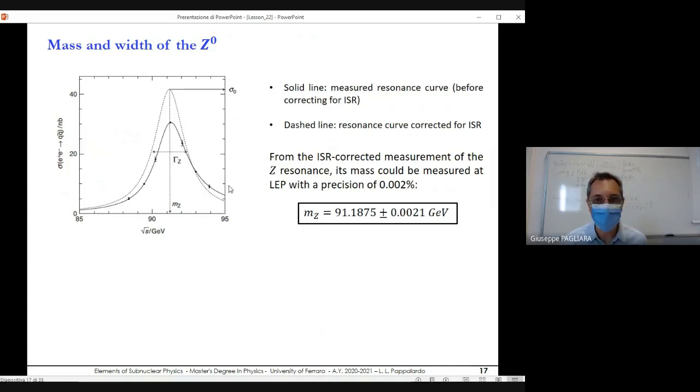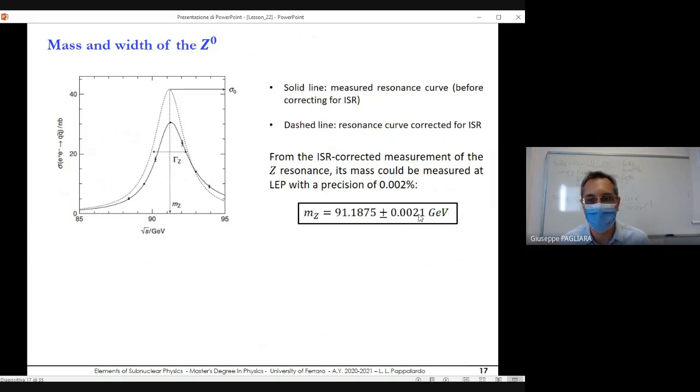Once you unfold your results, you get to the proper resonance shape, then you can use this to derive the mass of the Z and also the decay width of the Z as the full width at half maximum. So in particular, from these measurements, they obtain the mass of the Z, 91.1875, whatever, with a huge precision.